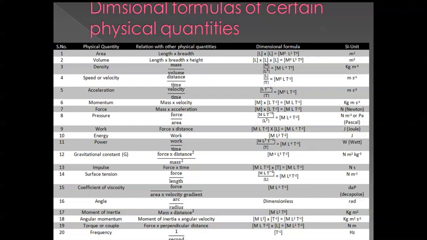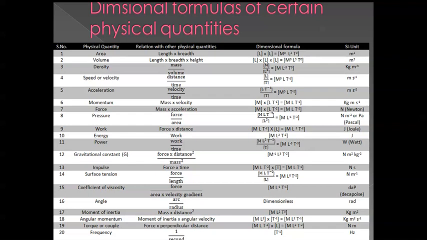You try this at home, gravitational constant. The equation for gravitational constant is force into distance square by mass square. Substitute the dimension formula of force, which is M L T power minus 2.